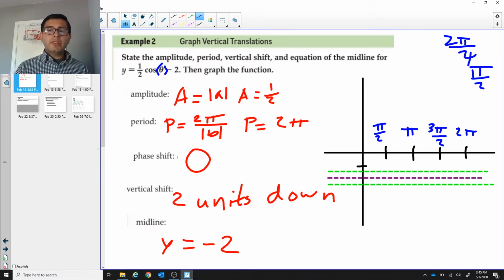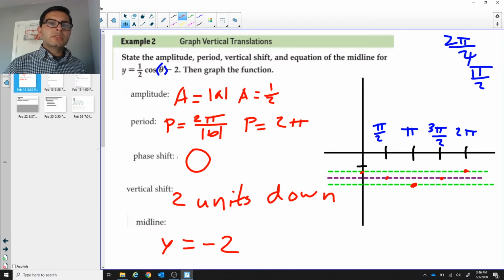Now we have everything we need to graph our trig function. So being that this is a cosine, we know that it's going to start at the maximum, then it's going to go down to the midline, then it's going to go all the way down to the minimum, and then it's going to pop back up to the midline, and then back up here to the maximum.